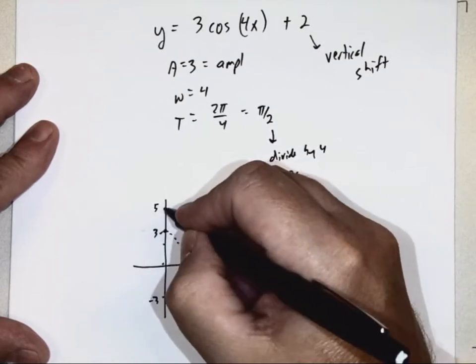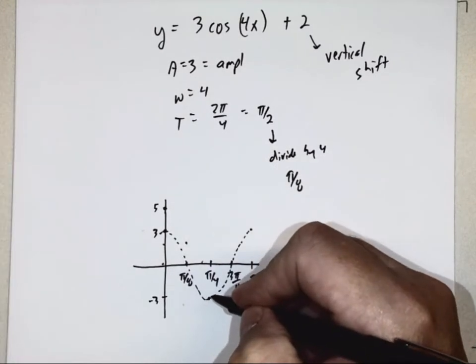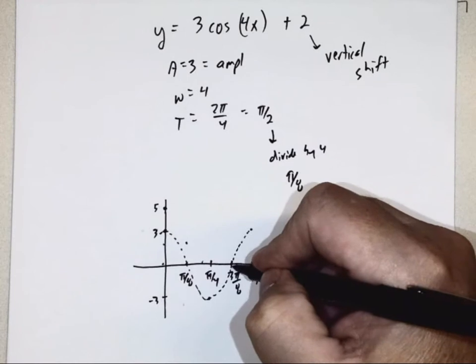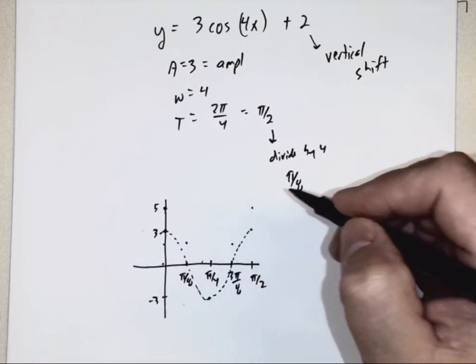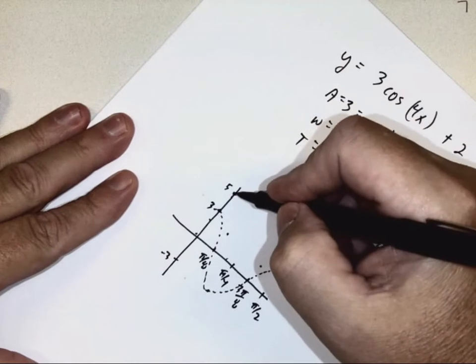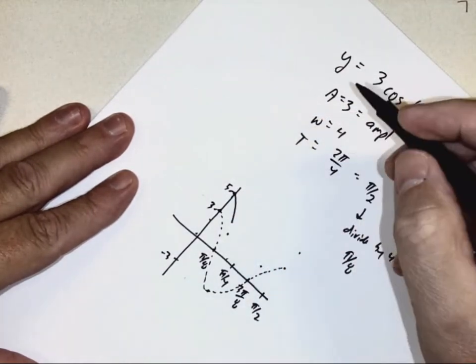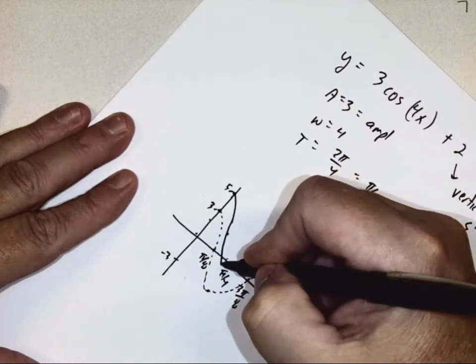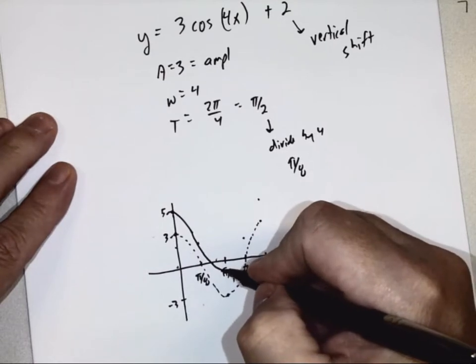So I'm going to draw my new points. If it's -3 here, it's going to go up to about right here. This one's going to go up to here, and this one goes up to here. And now I go ahead and draw in my sort of new graph.